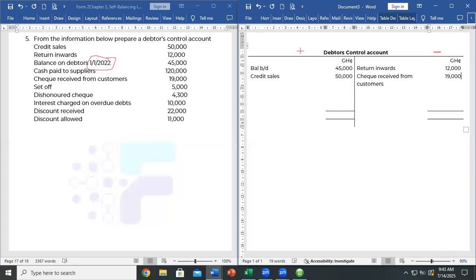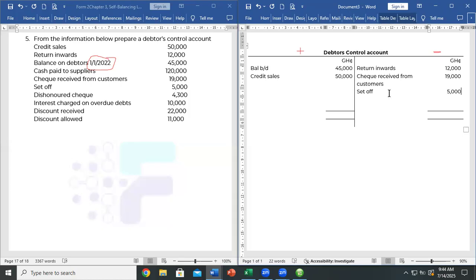So note, debtors have a debit balance, so set off would always be at the credit side because you are canceling that debit balance off. So that's one, you don't have to even think deep about it. Set off is to cancel the balances, and debtors have a debit balance.